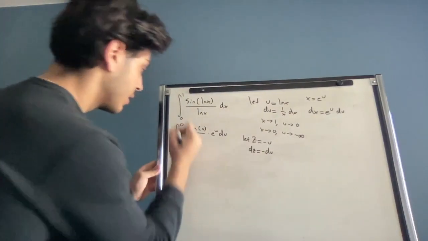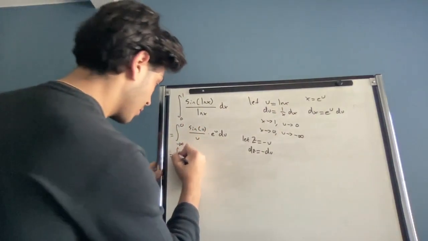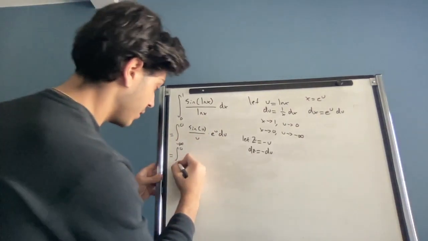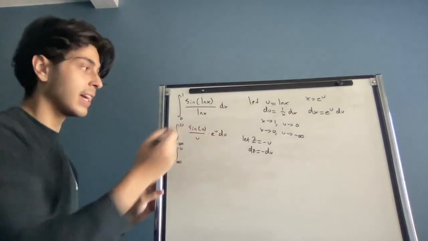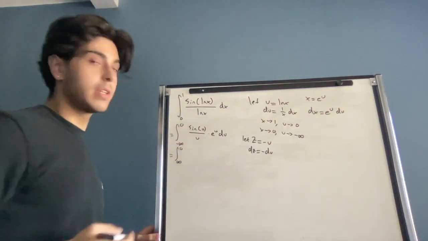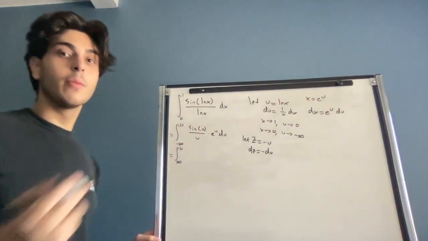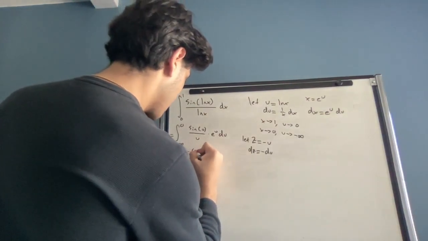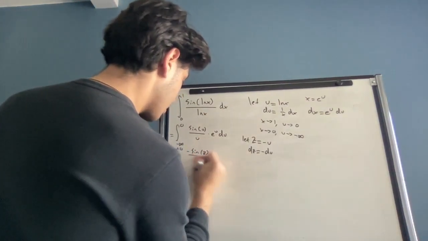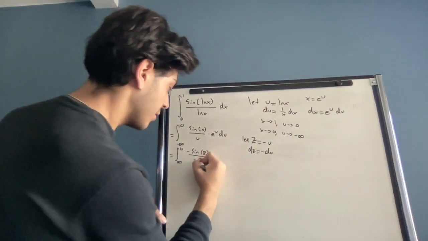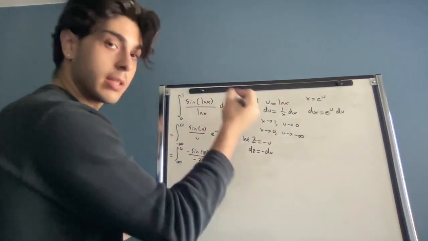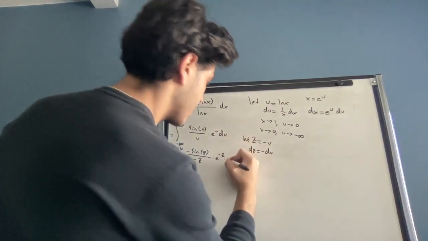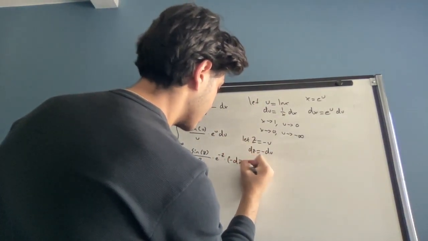Inputting all of that, 0 remains 0, and negative infinity becomes positive infinity. And you have sine of negative z, that just becomes negative sine of z because sine is an odd function. Divided by negative z times e to the negative z, and again times negative dz.